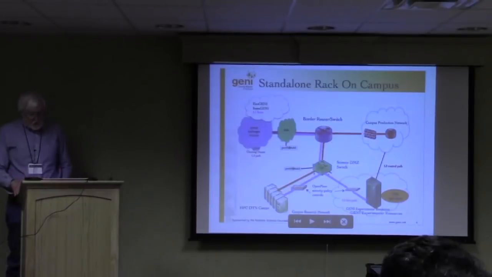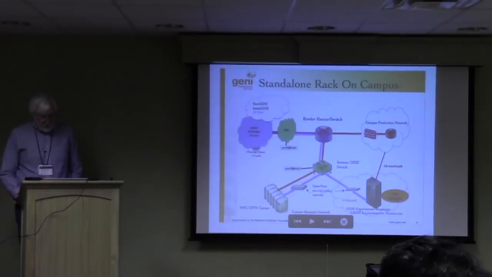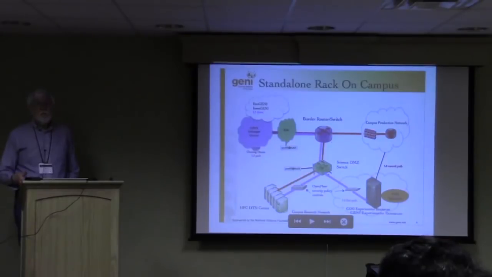The OpenFlow controller that's part of that is also used to set up policy constraints on the use of the resources. And most of the campuses have their own data resources that are set up. And the blue paths are meant to show those higher performance flows, with the red lines being the links that go back to the campus production systems and network.